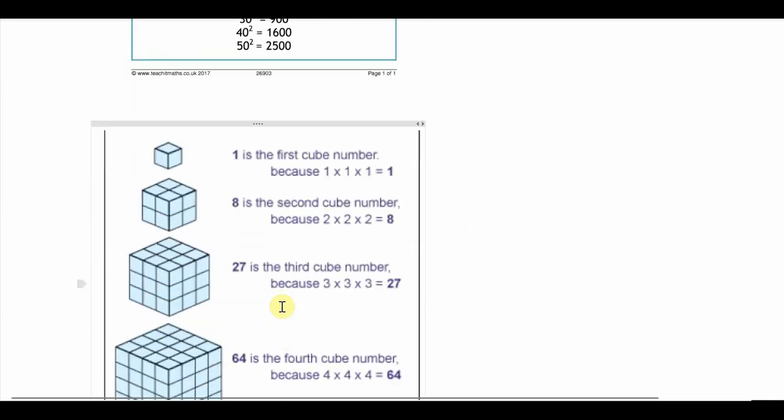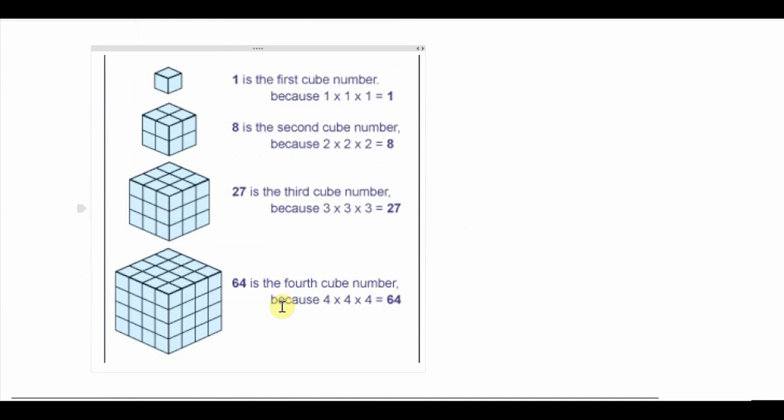A cube number is, again, not a number times by itself 3 times, because you could do that with any number, but it's what you get when you times a number by itself, and then again by itself. So the first cube number is again 1, because 1 times 1 times 1 is 1. The second cube number is 8, because 2 times 2 times 2 is 8, not 6.